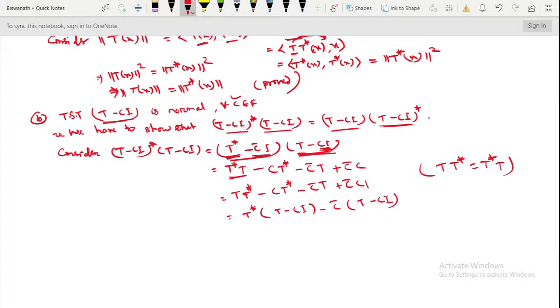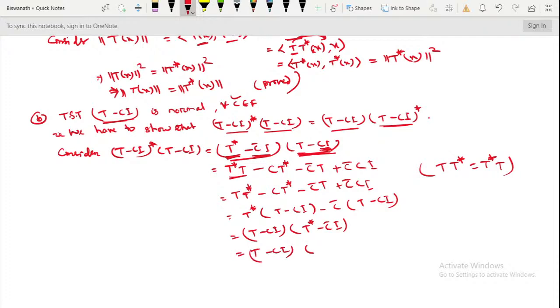So this is (T minus cI) whole into (T* minus c bar I), which is (T minus cI)*.